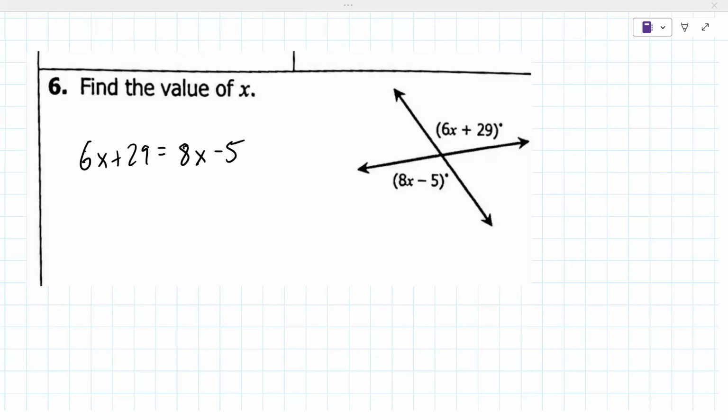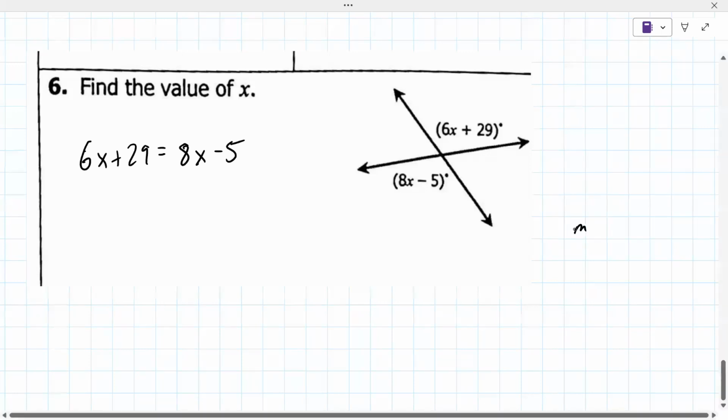How are you doing on this one? I'm a little confused. Like I have 14x plus 29 equals -5. Okay, so that's not, yeah, we're gonna have to adjust there. Always let me know. Say, hey, Matthew, I'm struggling. You always want to move smaller to larger. So which is smaller, 6x or 8x? Oh, 6.